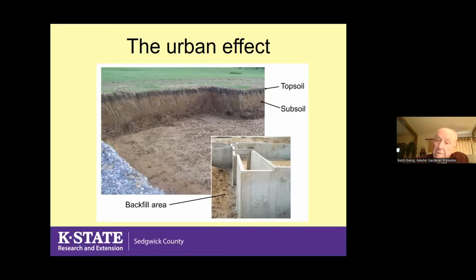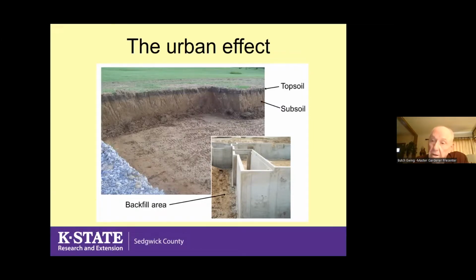Well, after they build the foundation or your basement, whichever the case may be, then they have this big gap around that concrete structure that needs to be backfilled. So they go and they haul in dirt from somewhere. It isn't necessarily anything that came from your lot, and heaven only knows where it came from. So it can be a totally different kind of soil than what you've had in the rest of your lot.